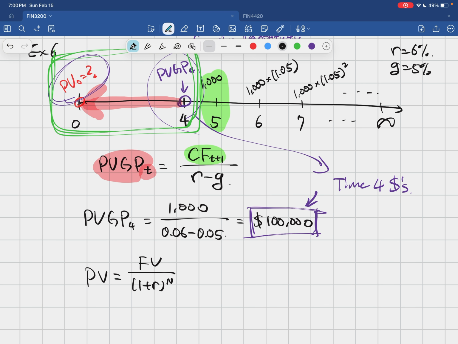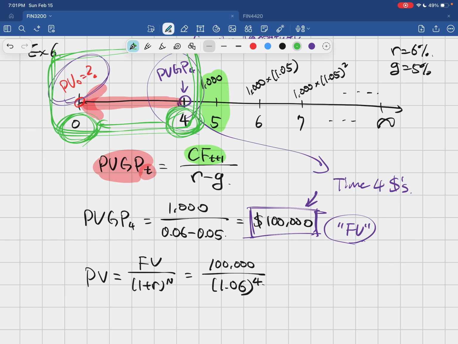Here, the future value is this. It's in year 4. Okay, so we're going to use that as the future value. 100,000 divided by R is still 6%, so 1.06 raised to the 4th power. Okay, so we're going from time 4 to time 0.